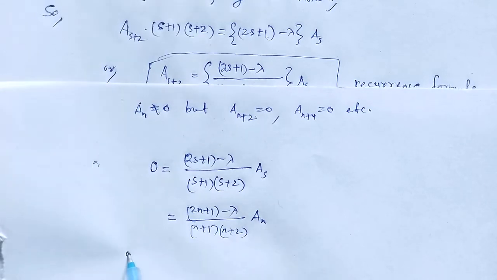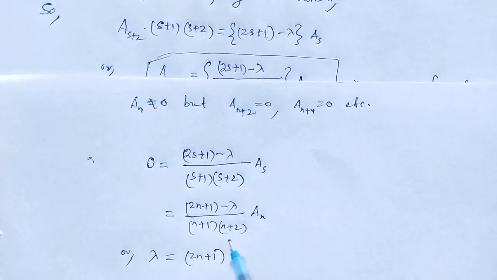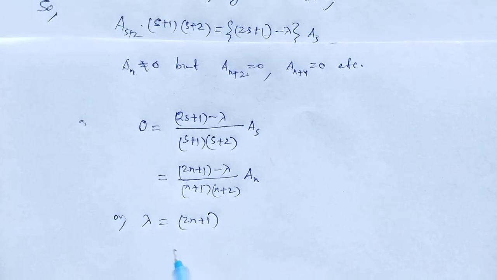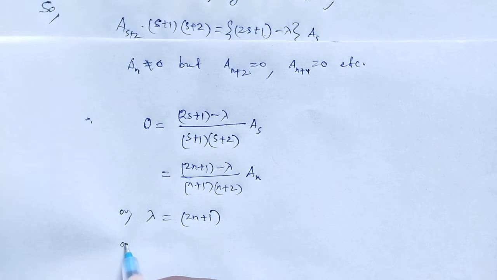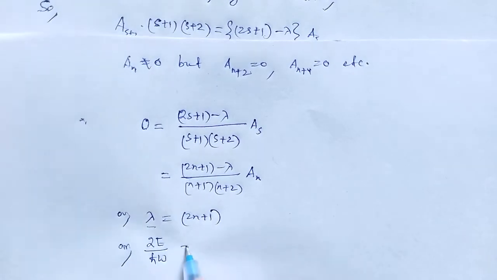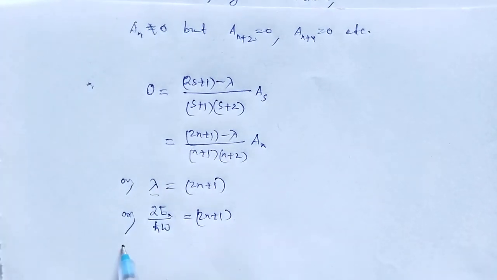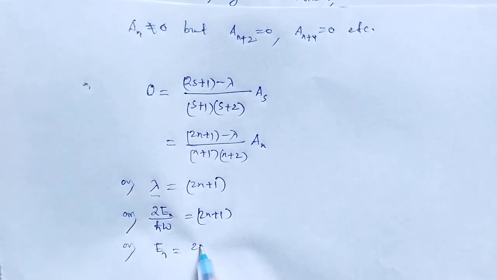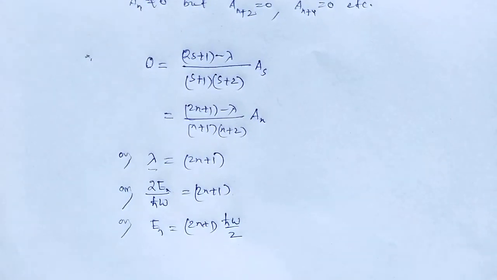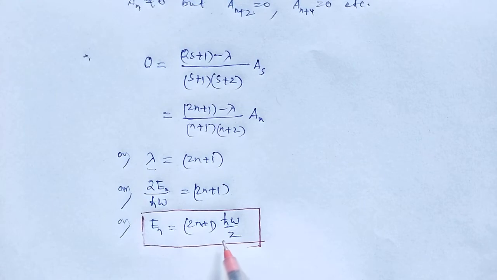So lambda is equal to 2n plus 1, or lambda is equal to 2E divided by h cross omega is equal to 2n plus 1, that is E_n, or E_n is equal to (2n plus 1) times h cross omega by 2. E_n, that is the energy term, is equal to (2n plus 1) h cross omega by 2.